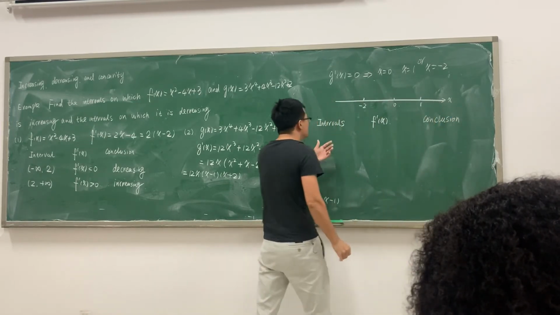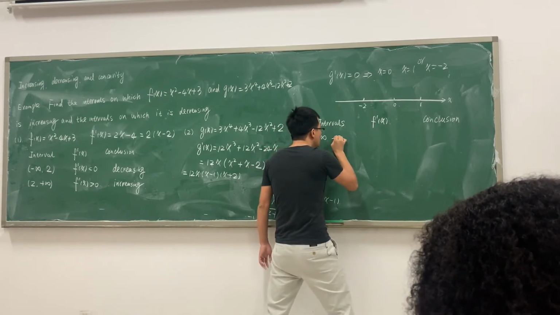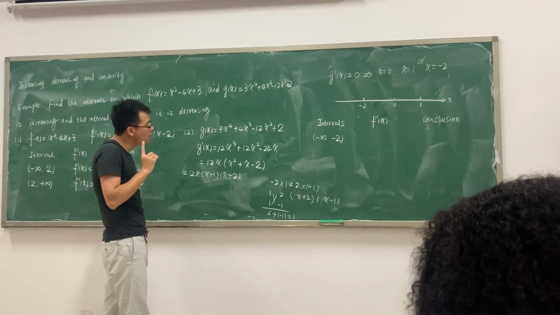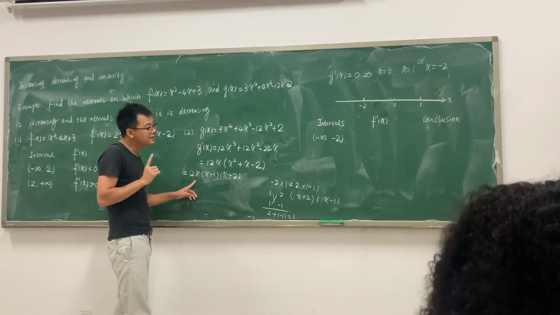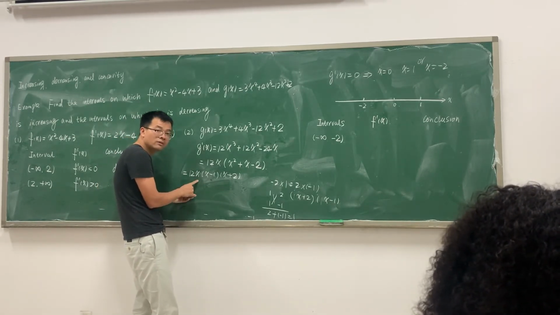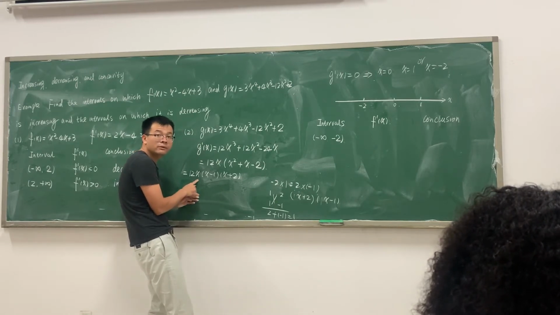So here the first interval is -infinity to -2. When x is less than -2, x is negative.